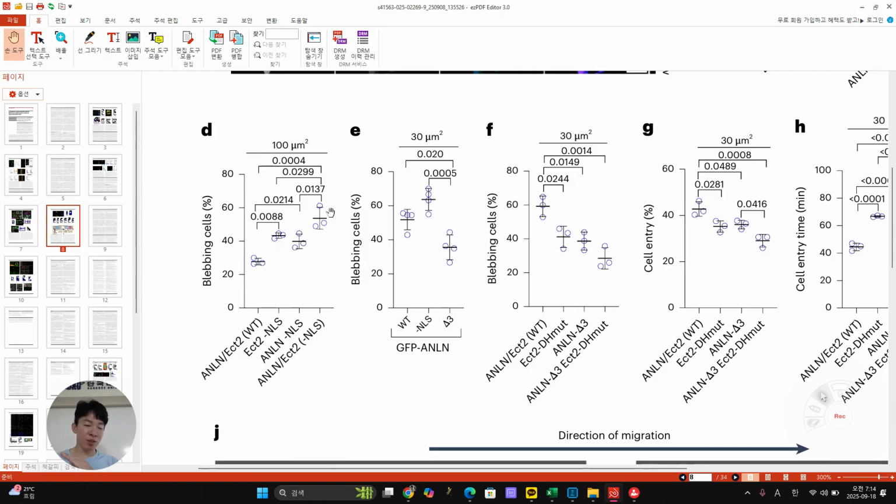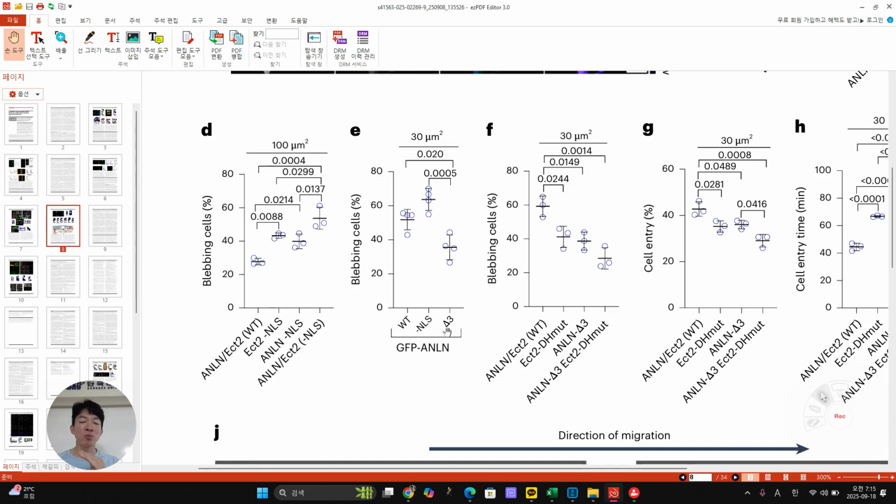Both NLS removals increase it, because removing NLS puts those two proteins inside the cytoplasm. Definitely, they are localized at the back and front, making more power, right? With anillin only minus NLS, the blebbing cells are enhanced; there's not much statistical change here, but the trend is enhanced.